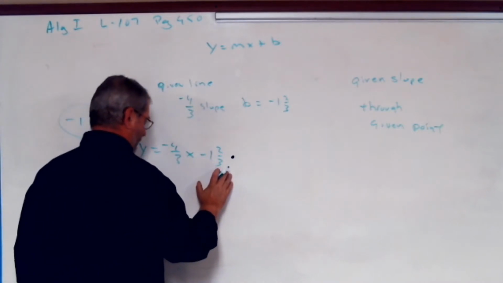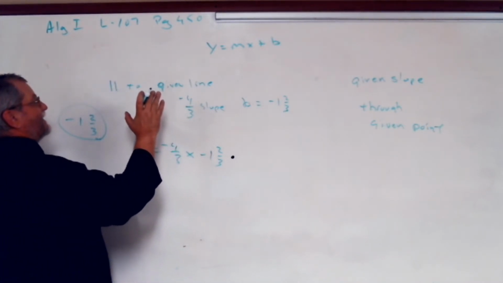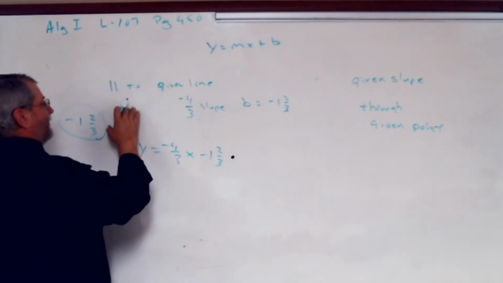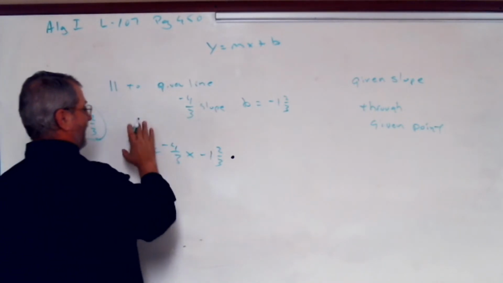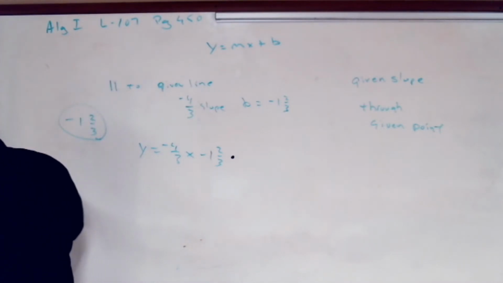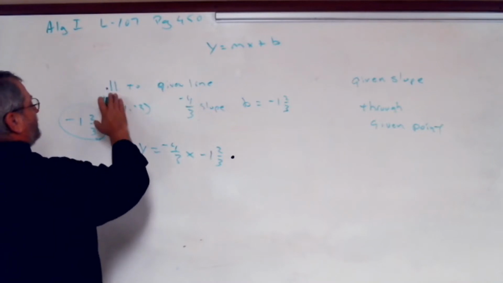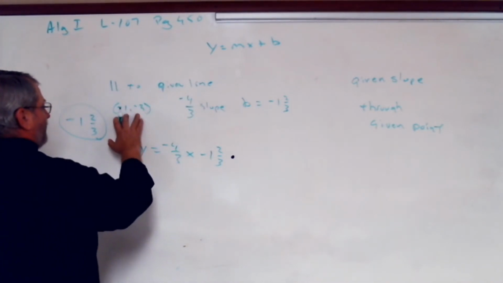This line here has the same slope as the line we were given, and it passes through the given point. Whatever the point was they gave us, negative 1, -3.